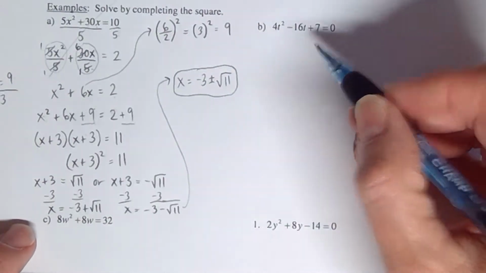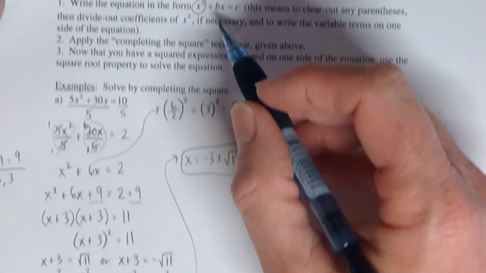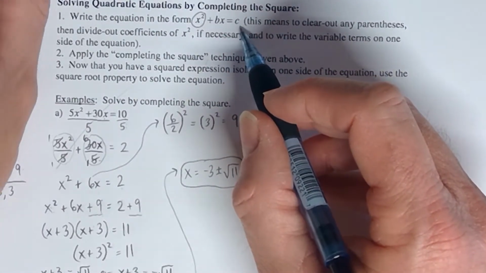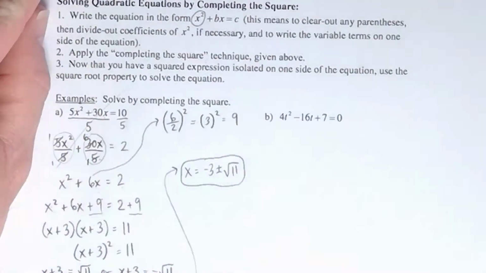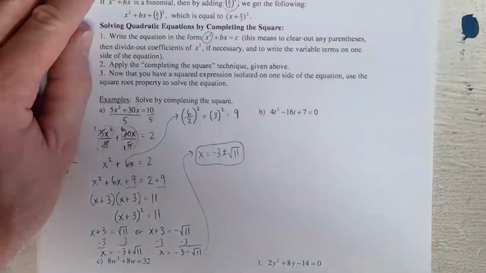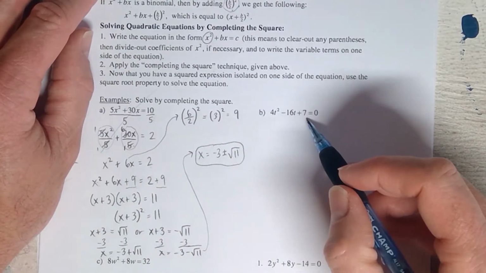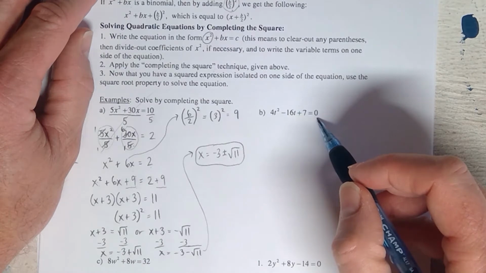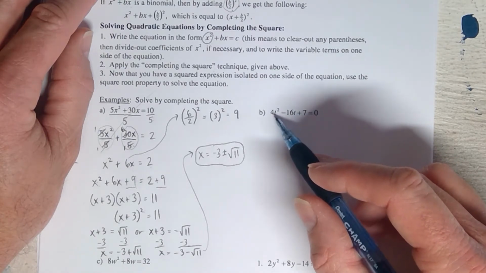Now remember, they want the term that doesn't have the variable in it on the other side. So before you get rid of that 4 right here, like we said you have to do, we need to move over that 7. So get the term that doesn't have the variable on the other side first, before you get rid of the coefficient of the square term.